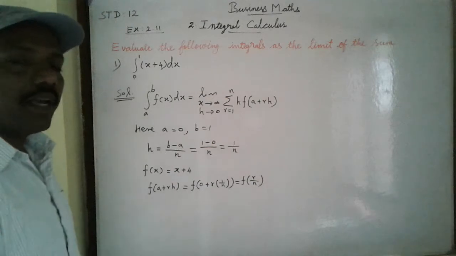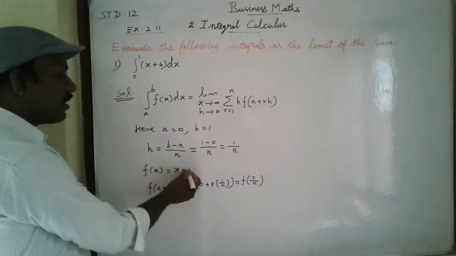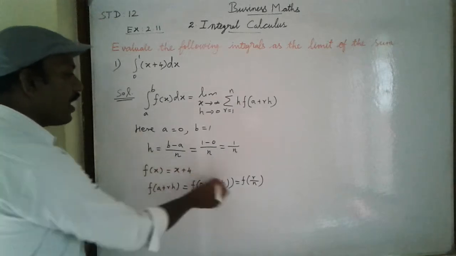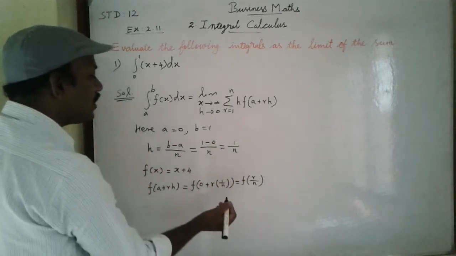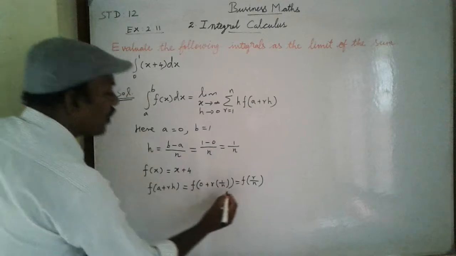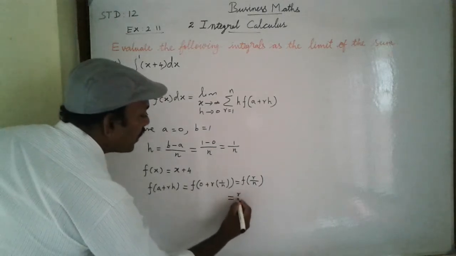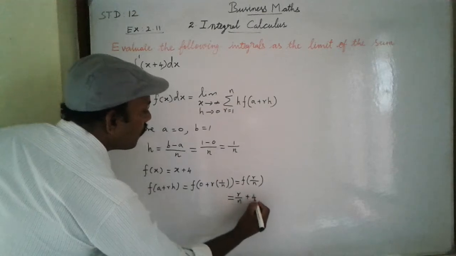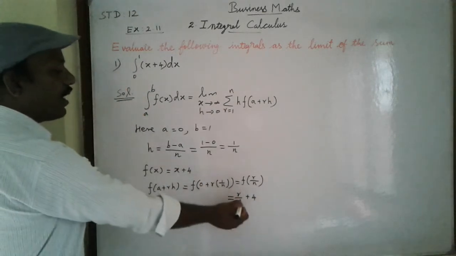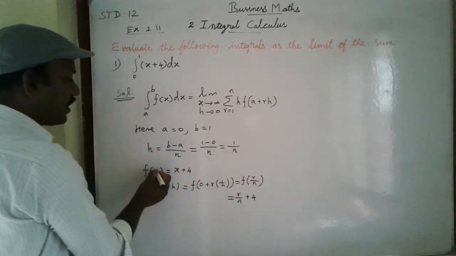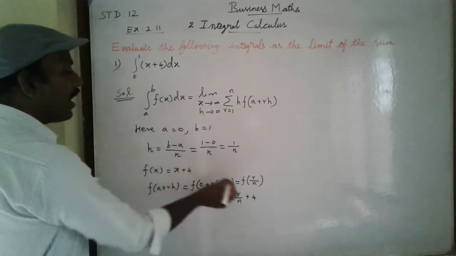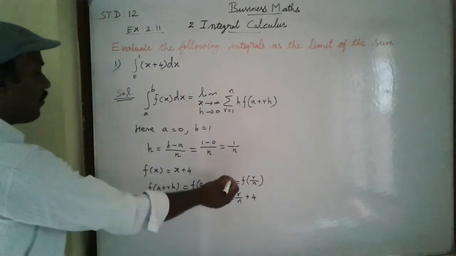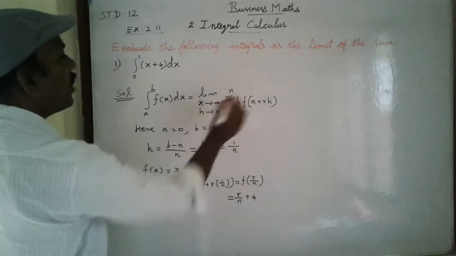So f of r by n. f of x is equal to x plus 4, so f of r by n is r divided by n plus 4. So this is the f of a plus rh value.